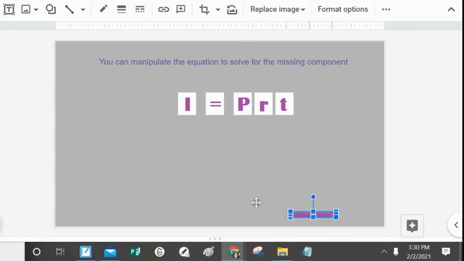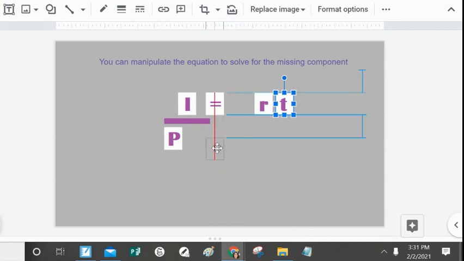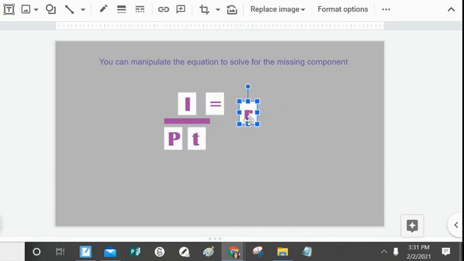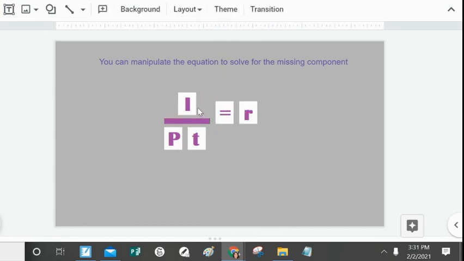So to undo multiplication and to get my variable R, my interest rate, all by itself, I divide the equation by the principal. I divide the equation by the time. And I'm left with the interest rate being equal to the interest amount divided by the product of principal and time.